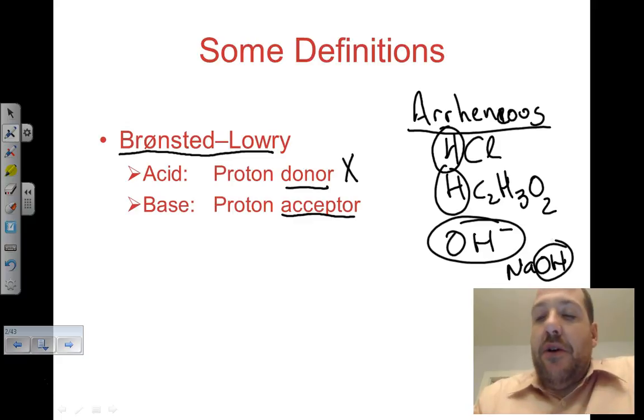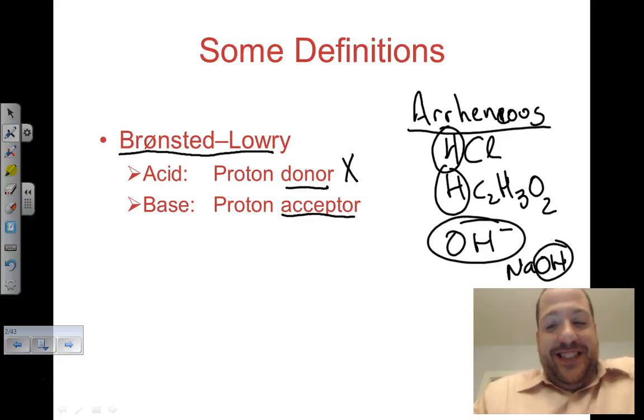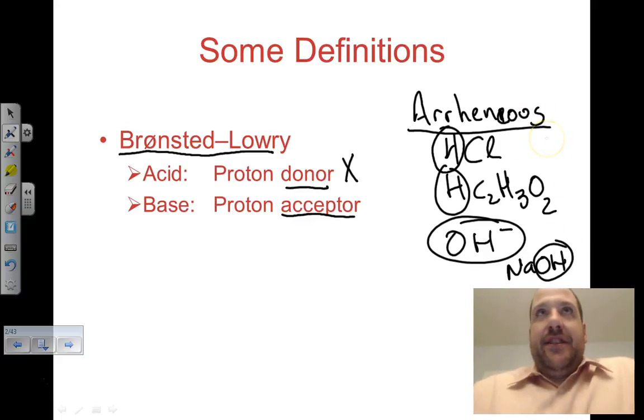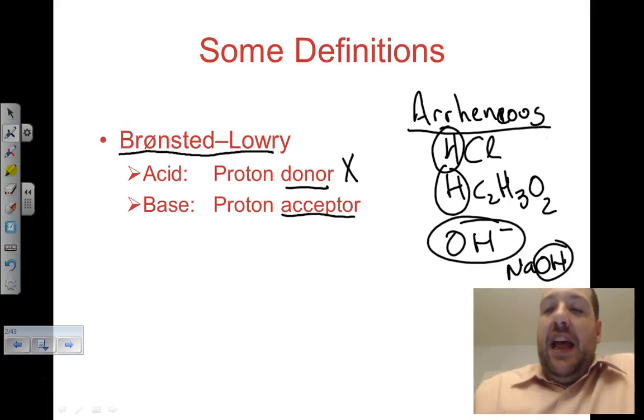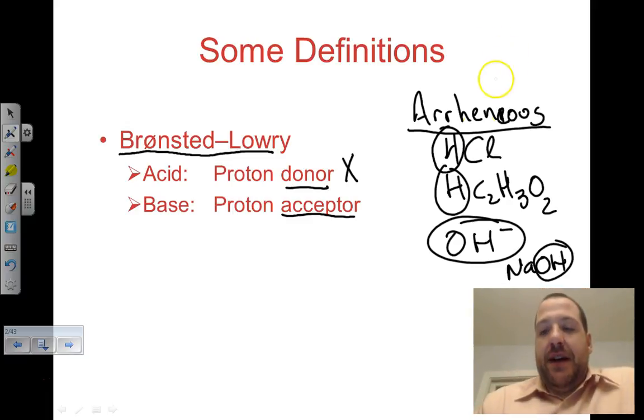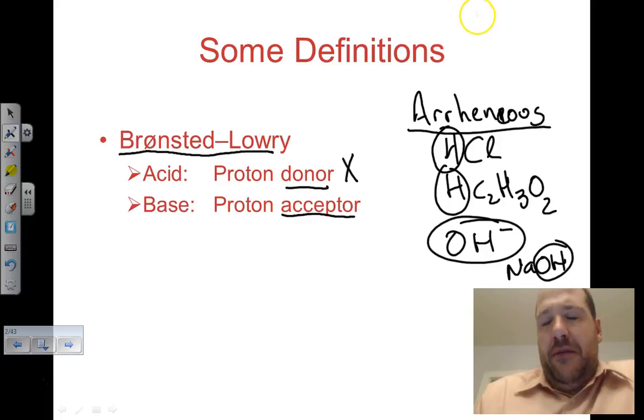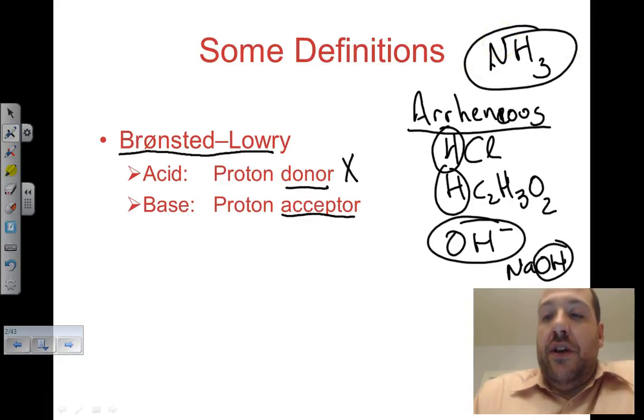Now, unfortunately, Arrhenius realized that this definition doesn't really encompass every compound. Acids, okay, but what if you have a compound like NH3? They knew that NH3 acted as a base, but if you see, there's nowhere where it has a hydroxide ion.